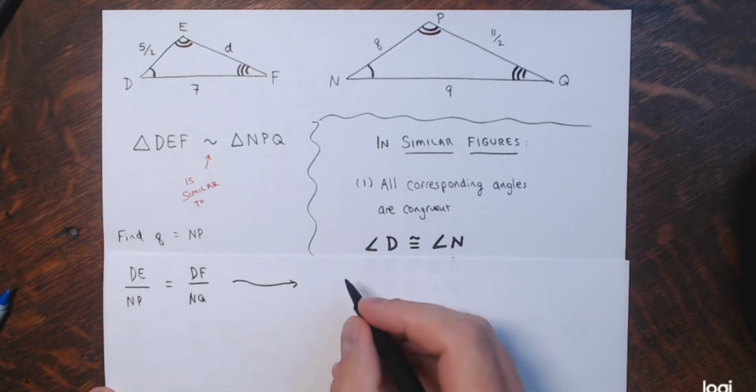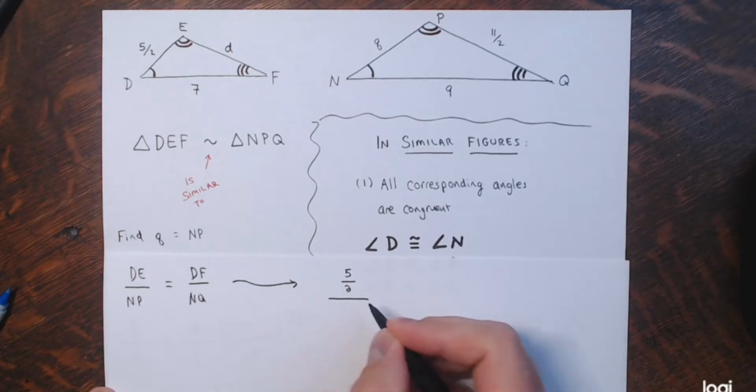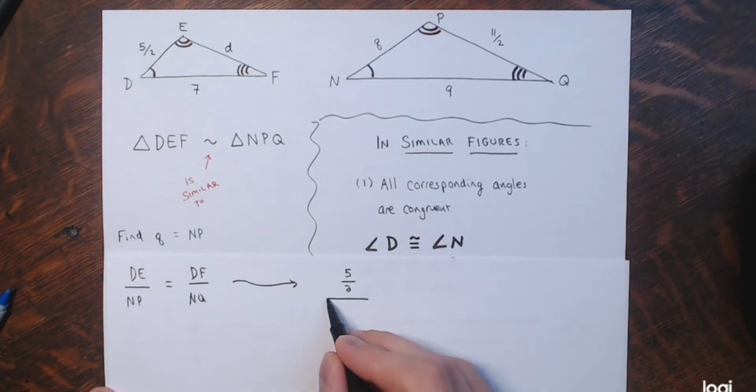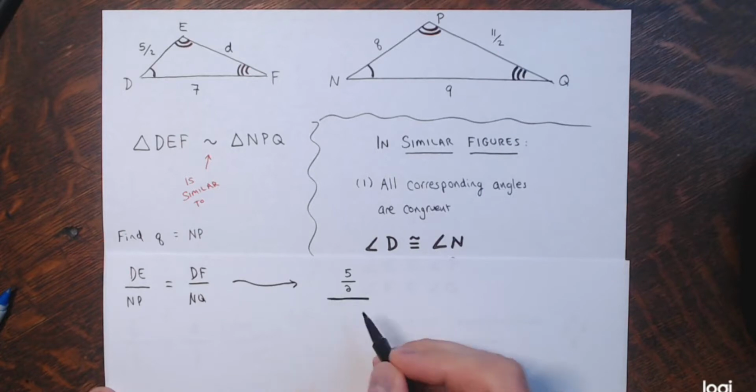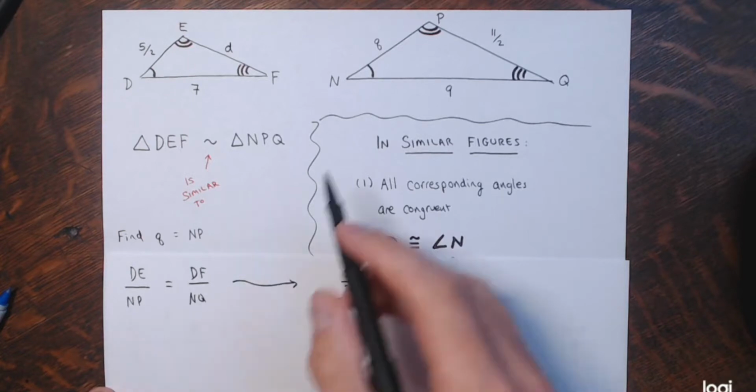So DE again has a length of 5 halves. Now I'll make the middle bar longer, because we're going to have a complex fraction here. You see, I have a fraction within a fraction. And then NP has the length of q.